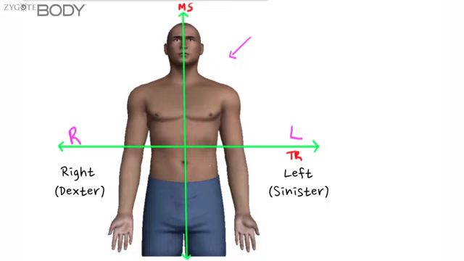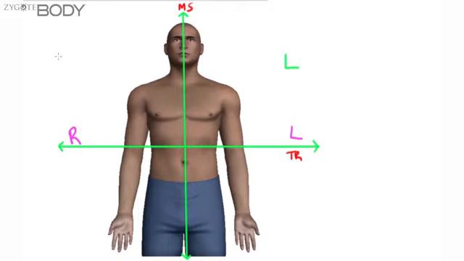We can say that the lung found here is the left lung, and the left kidney, and so forth. The same thing applies on this side: anything on this area is the right side of the subject, and therefore we can call the right lung, the right kidney, and so forth. Moving on to other directions that we need to know.